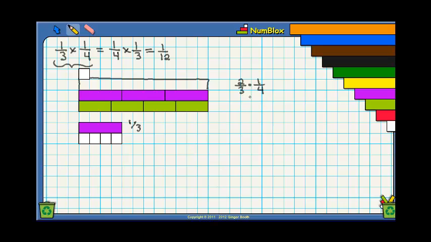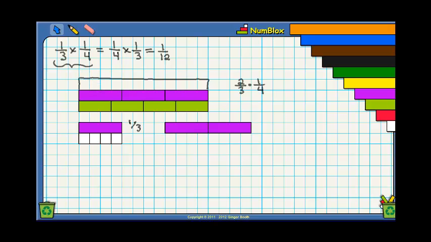Well, if that's the case, I need 2/3, so 2 of these 3 length rods. Okay, so I'll take 2 of those guys. So 1 purple, 2 purple. This represents 2/3 of the total, right?